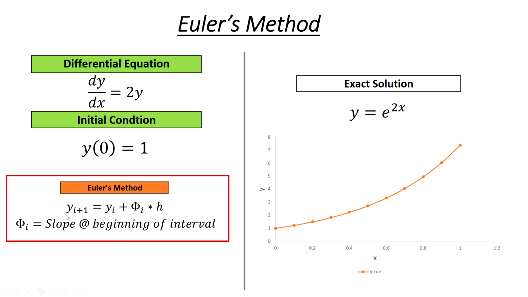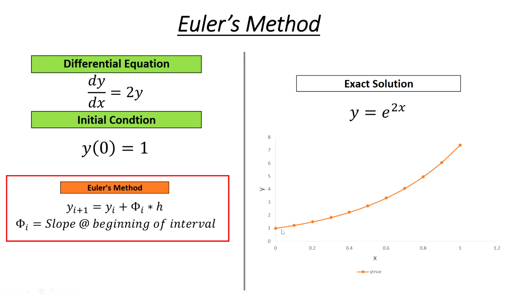And you can see this is actually very simply a linear extrapolation. So you're taking information at y_i, which is basically y_i and the derivative at that point, and extrapolating linearly what the y at y_{i+1} might be.